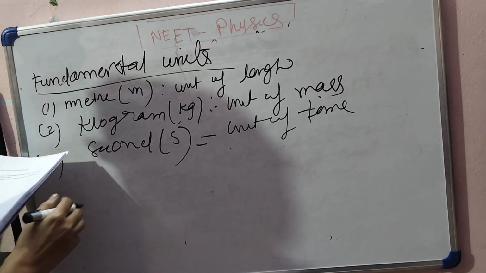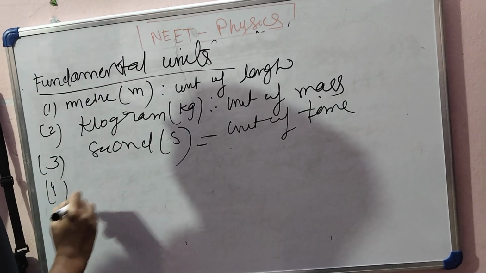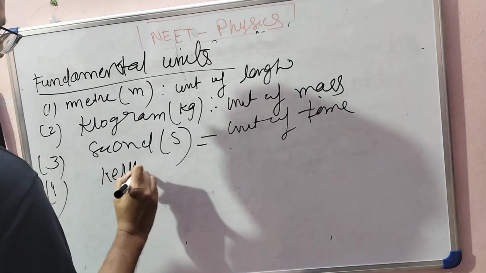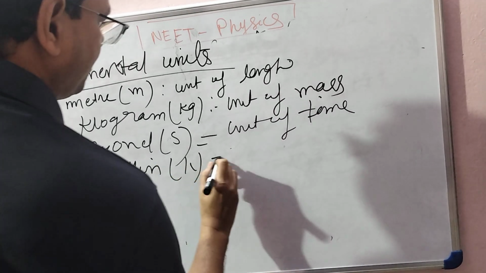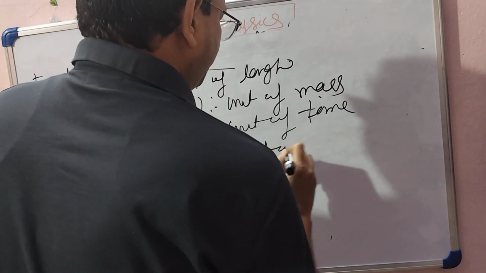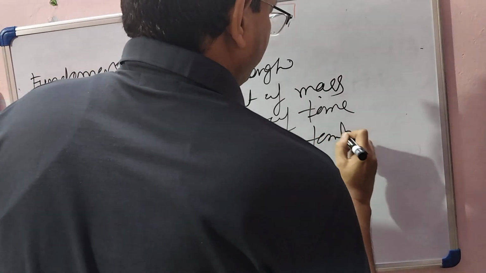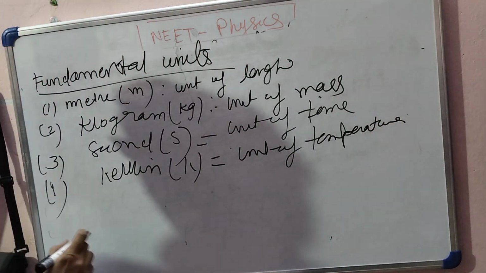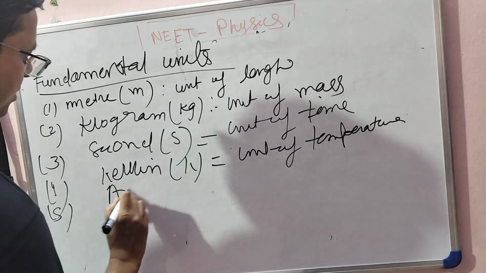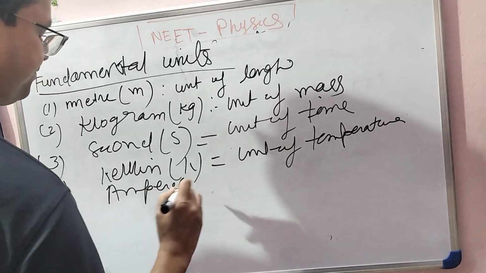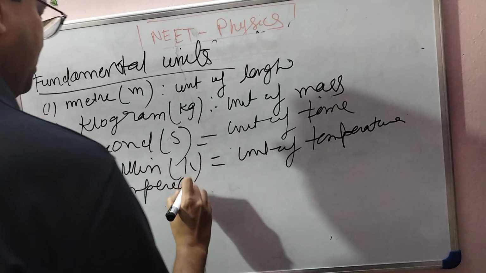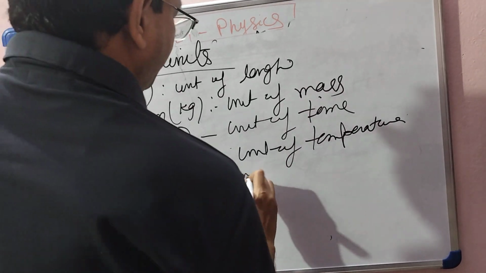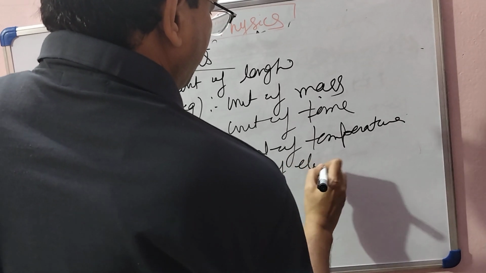Fourth is Kelvin, unit of temperature. Five, ampere, A, unit of electric current.